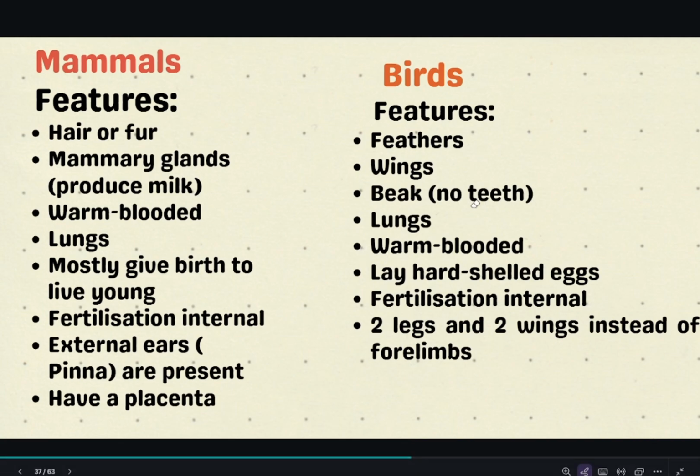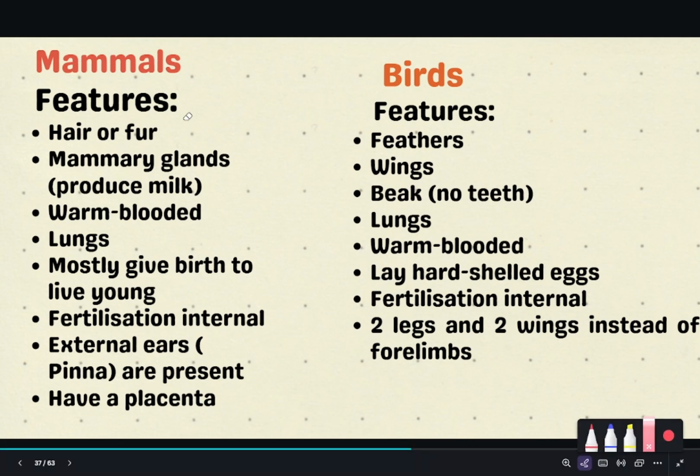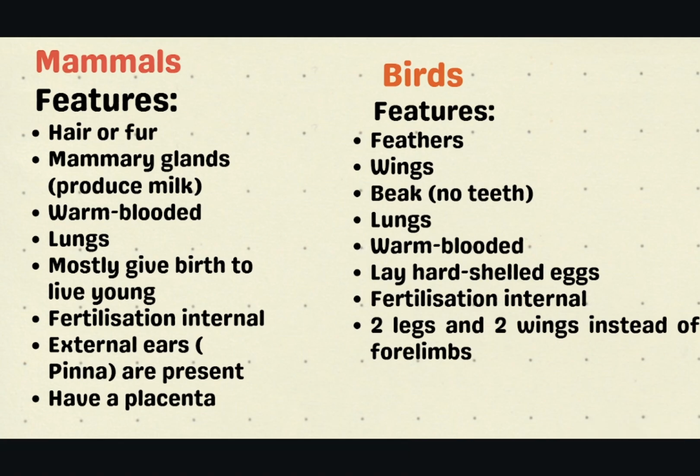The first one, let's focus on mammals. Mammals are organisms in the vertebrate group of animals that have hair on their body, or fur. Just like us, we have hair on our body, but also cats, dogs or rabbits are all mammals, and they have fur.